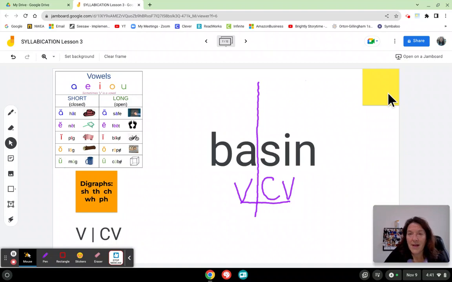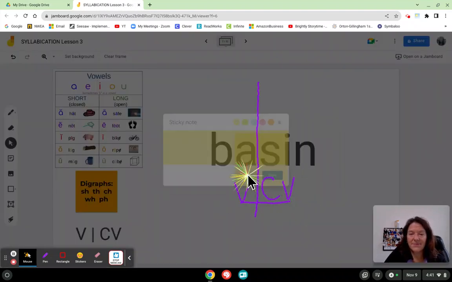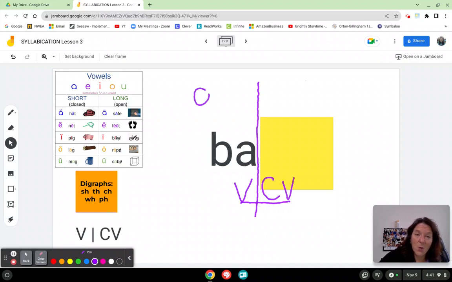Now I'm grabbing my blocker and I'm going to cover up that second syllable. Now I find my vowel, and I can't draw an arrow to anything after it. There's nothing there. So this is an open syllable, and it makes a long A sound.